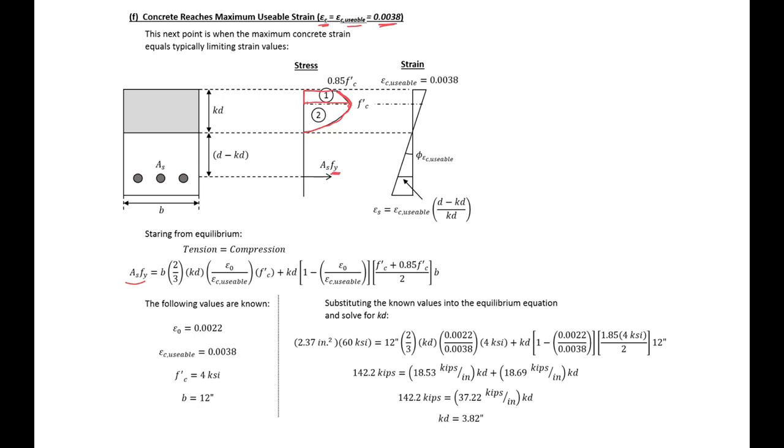Then we have our component 2 here, and our component 1 here, for the two areas to find our two different compression force components. We know our different values here, so we can substitute in and find our KD equal to 3.82 here.